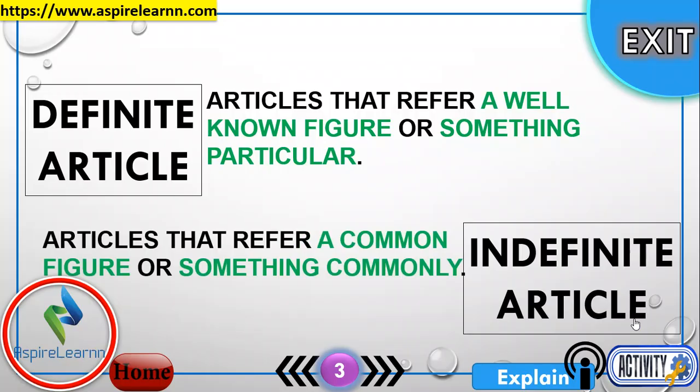Indefinite articles, a and an, used when referring to a general or non-specific noun. A is used before words starting with consonant sounds. An is used before words starting with vowel sounds. Example: I saw a cat in the garden, any cat, not specific. She is an artist, one of many artists.